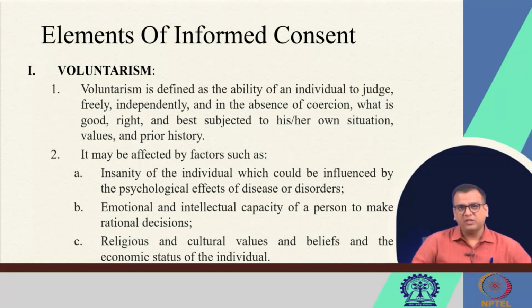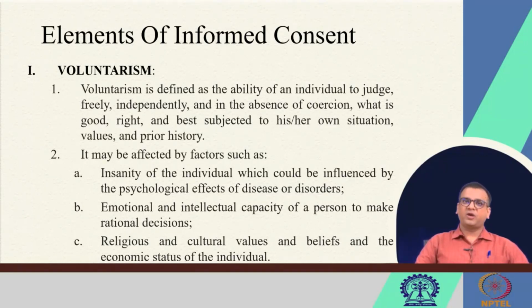So, the elements of informed consent we will discuss one by one. First is voluntarism. Voluntarism is defined as the ability of an individual to judge freely, independently and in the absence of coercion what is good, right and best, subject to his or her own situation, values and prior history.